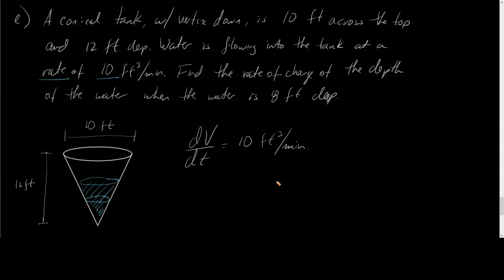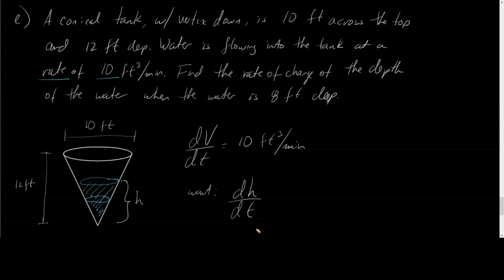Okay. Next part. What we want is the rate of change of the depth of the water. So if I call this the height of the water, what we want is dH/dt. All right, cool.